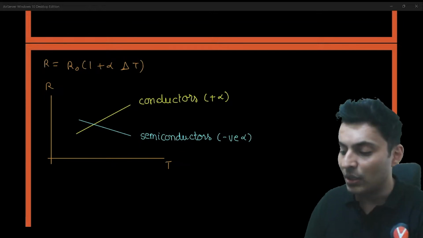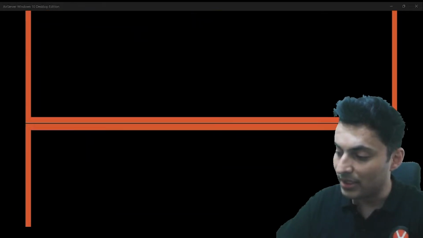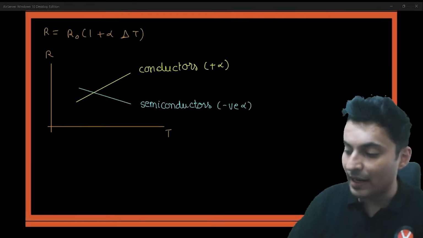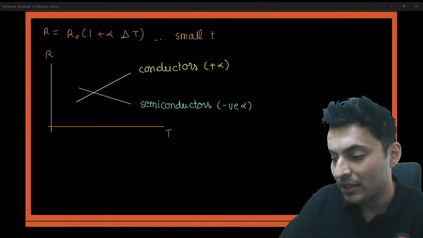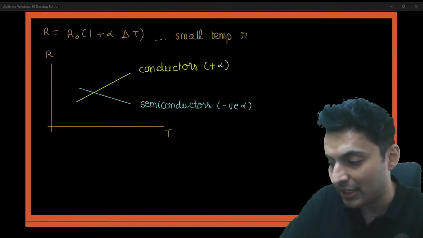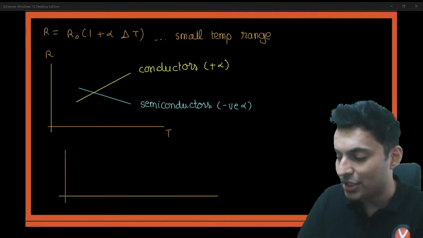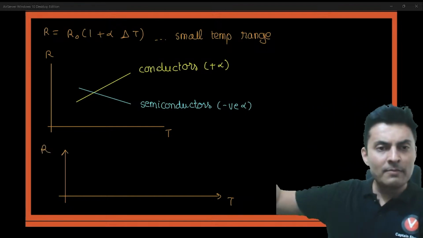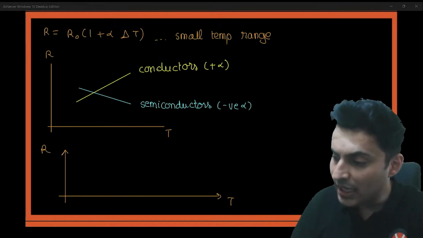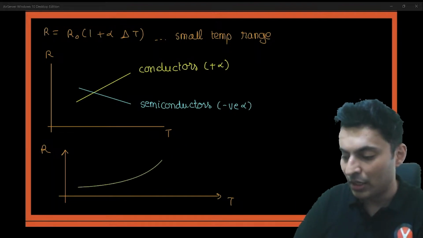But having said that, also bear this in mind: these graphs are only valid for a small temperature range. It might happen that if you take a large change of temperature, a very, very huge range, then you will most likely see that the graph will be a curved line. It could be a curved line like this, doesn't matter.